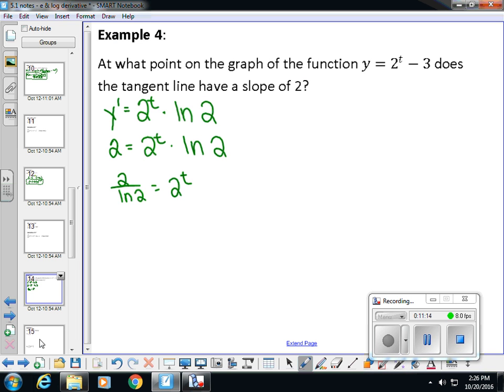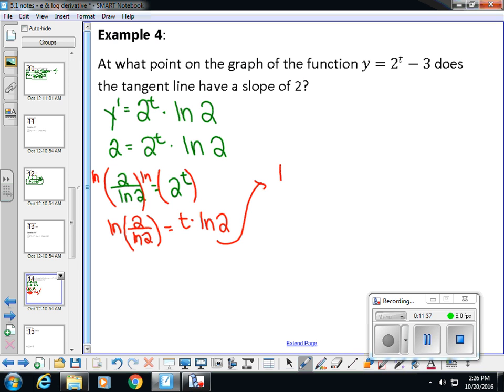And then what I would probably do would be take the ln of both sides. So then I end up getting that the ln of 2 over the ln of 2 equals t times the ln of 2. So then solve that for t.